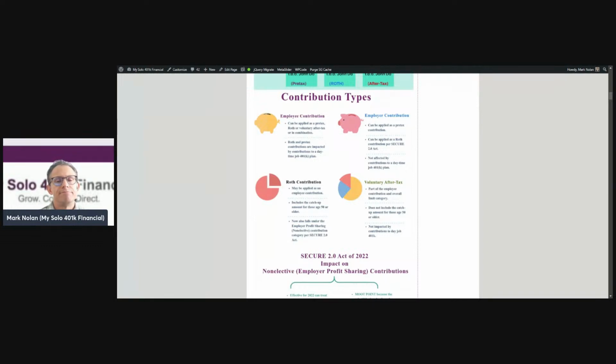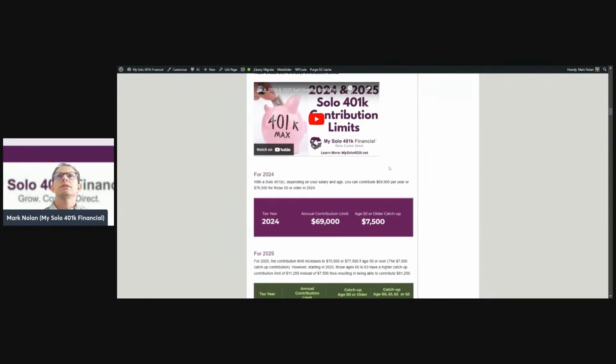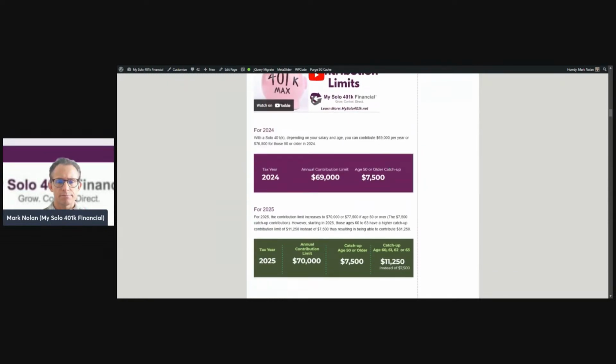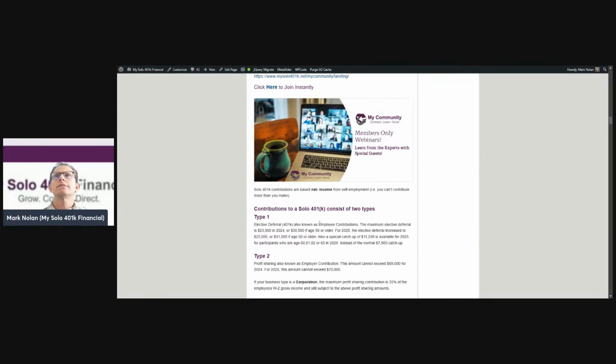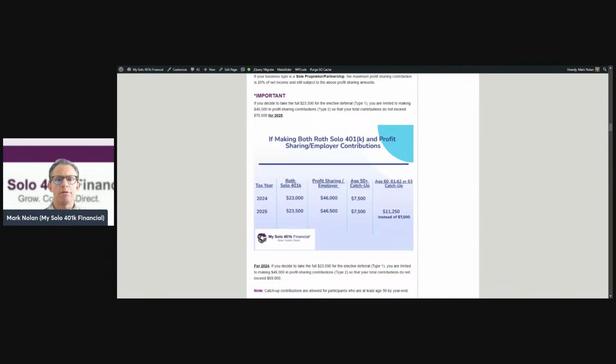So let's go back to the contribution limits here. Give me a moment. We're looking at the contribution limits, and let's talk about the employee side of contributions, and then we'll talk about the employer side of contributions.